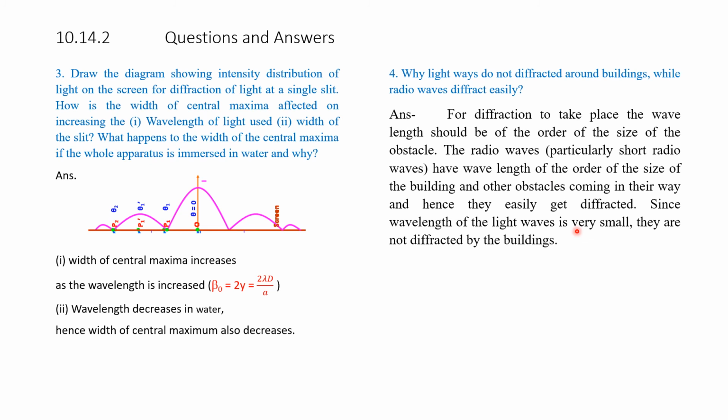The radio waves, particularly short waves, have wavelength of the order of the size of buildings and other obstacles coming in their way. Hence, they easily get diffracted. Since the wavelength of light is very small, light waves are not diffracted by buildings.